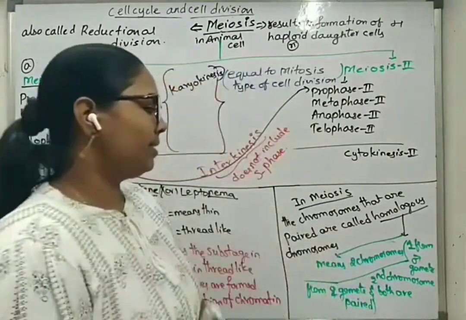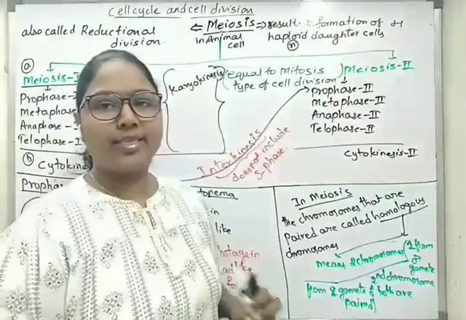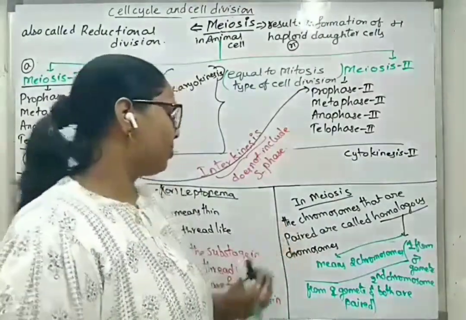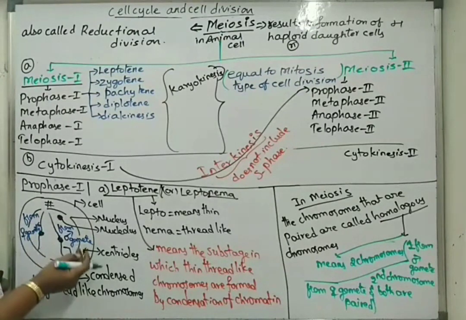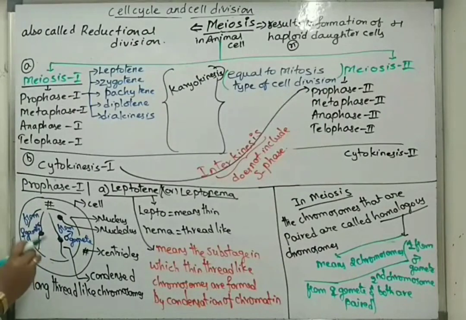Now they will be present inside the egg nucleus. Such chromosomes are called homologous chromosomes. Here those homologous chromosomes we have mentioned as long thread-like. Now they will be changing their shape and structure a little bit.